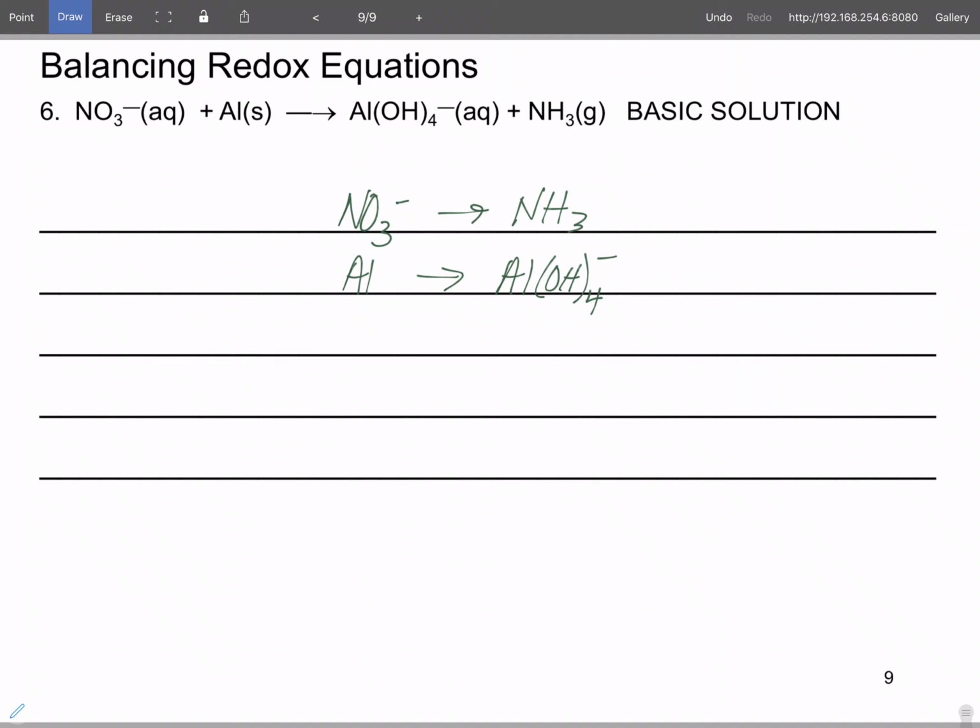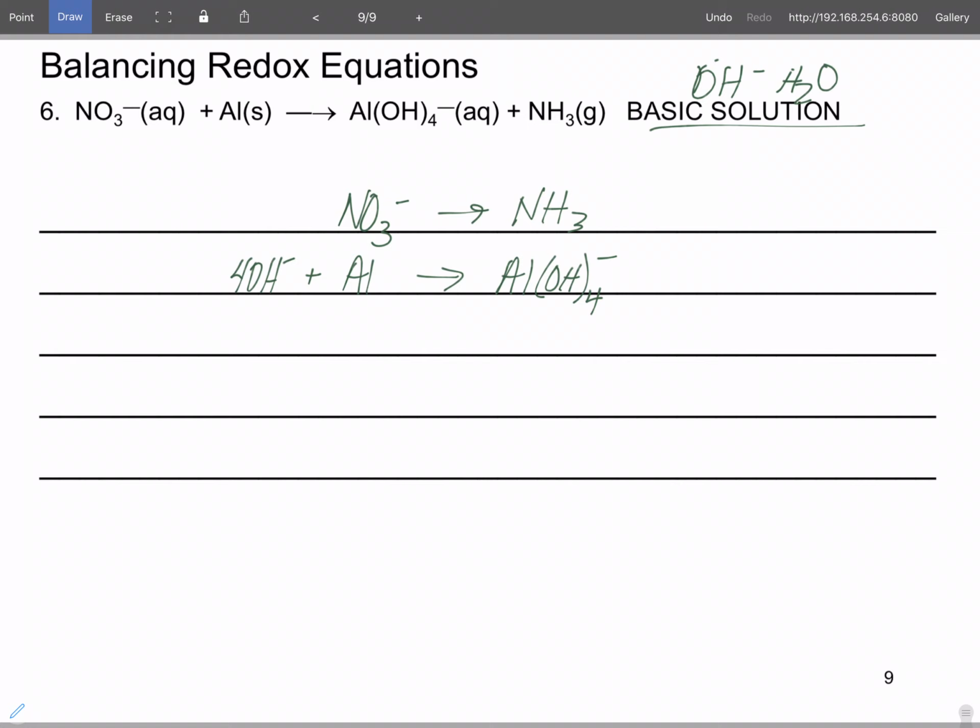Let's do the aluminum because it's really easy to balance because guess what? All I have to do is add 4 hydroxides. Remember I told you that in a basic environment you're going to add OH minus and H2O. You don't have to add both. So in this particular case, we add 4 hydroxides and we're done.